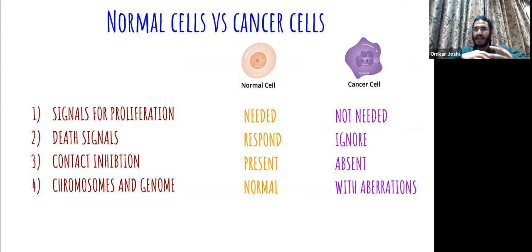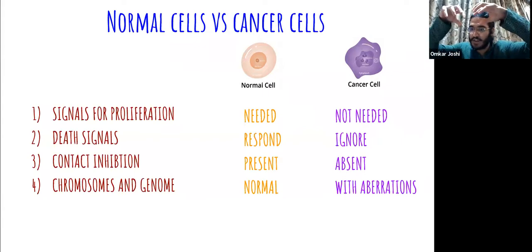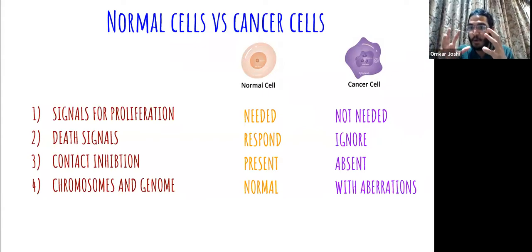When you have a fully covered layer with cells, there is no more growth. The cells will just stop there and will not proliferate further. And this important property is absent in cancer cells, which is why you get these clumps of cells one over the other, and which is why you get a ball of cells, which is what we call a tumor.